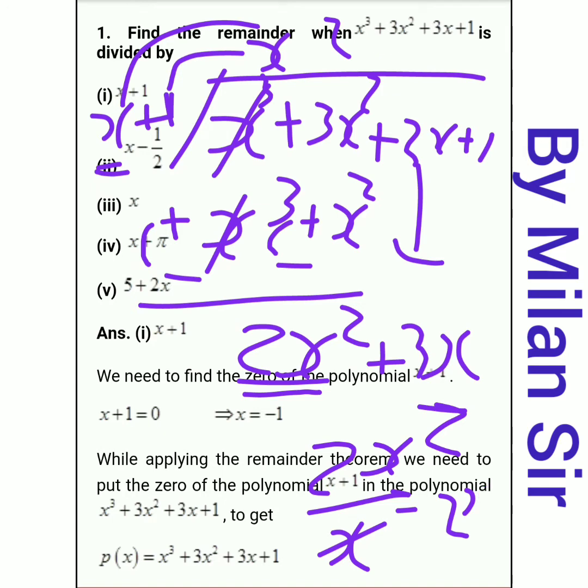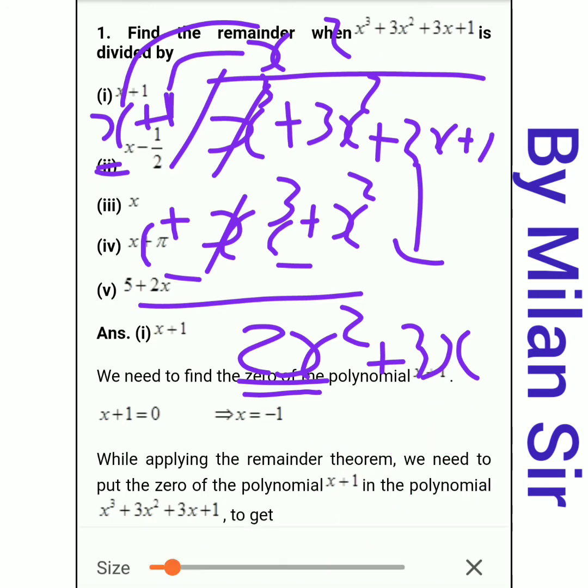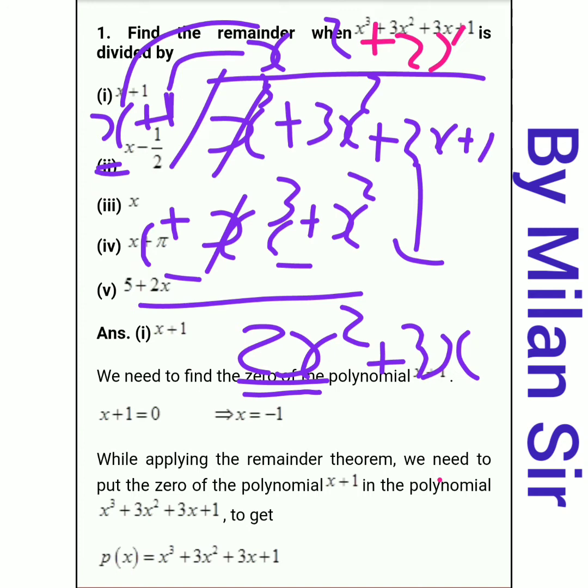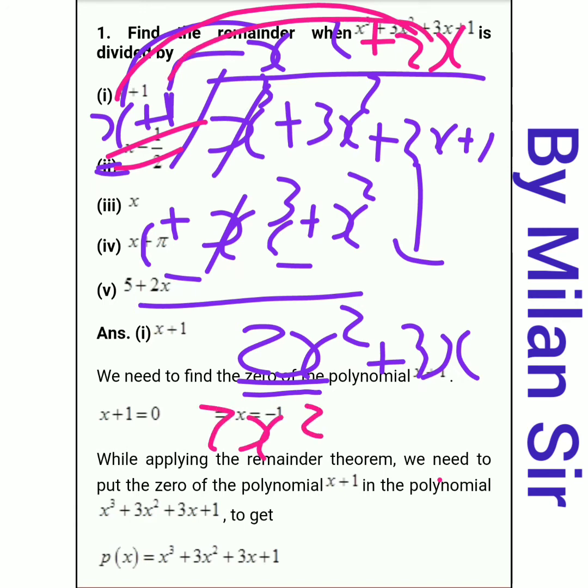Then again we need to multiply this 2x with x plus 1. 2x multiplied with x becomes 2x square, and 2x multiplied with the second term, 1, is 2x.